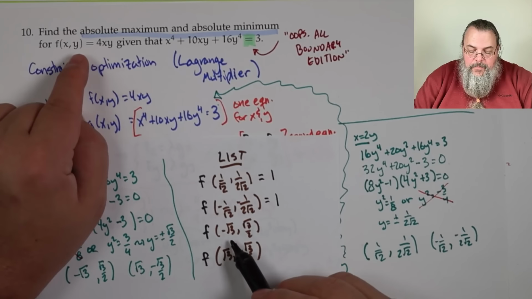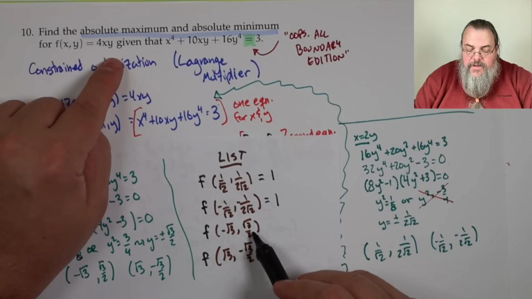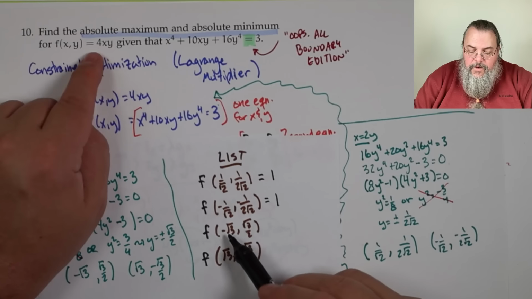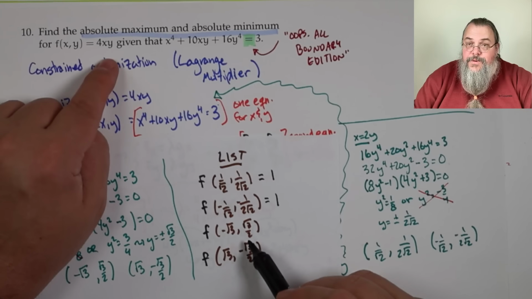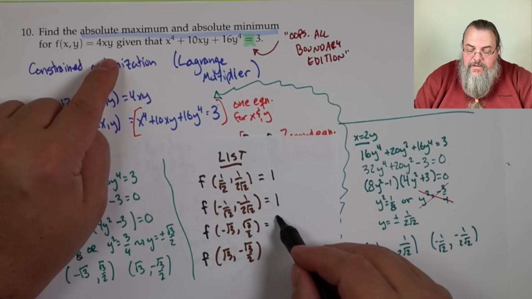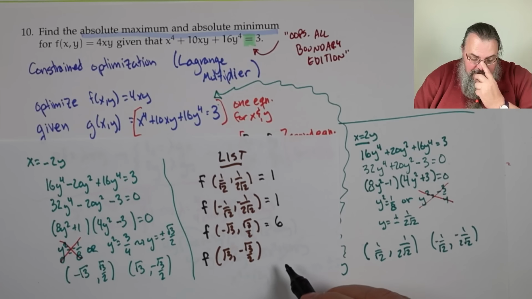All right, how about the other point? The next one. 4 times minus root 3 times root 3 over 2. Well, the root 3 times the root 3 gives us 3. And then we have a 4 over 2. So what does that give us? Well, that gives us 6. All right, good, good.